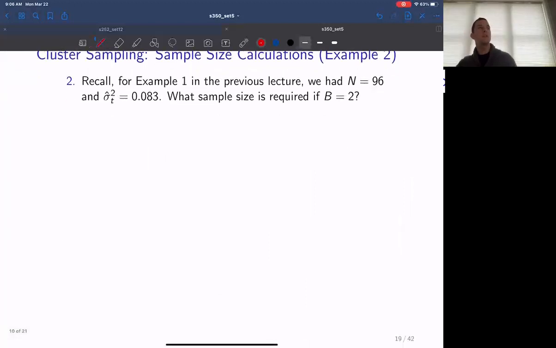The second illustration uses the second approach that we discussed on Wednesday for estimating a population quantity.